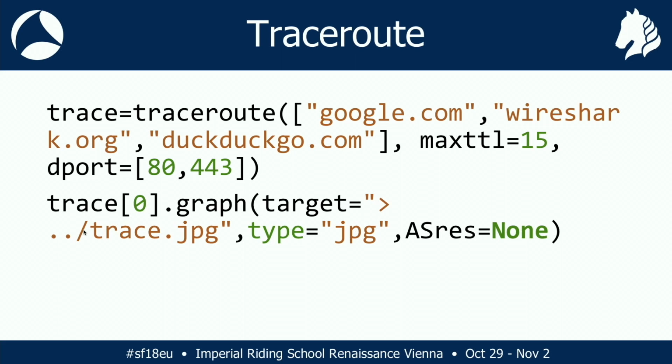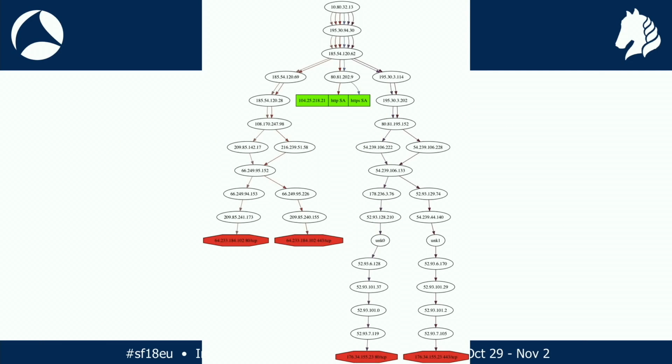When we run this command and the output is assigned to the trace variable, then we can call a graph command for the trace packet list, and that gives you then a nice graph of how the TCP traceroute looks like. So you see the 3 destinations with the 2 ports, and you see that the first 3 hops were the same, and then the 4th hop was already different for every destination.